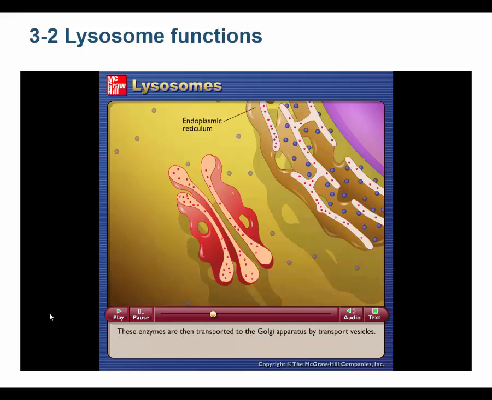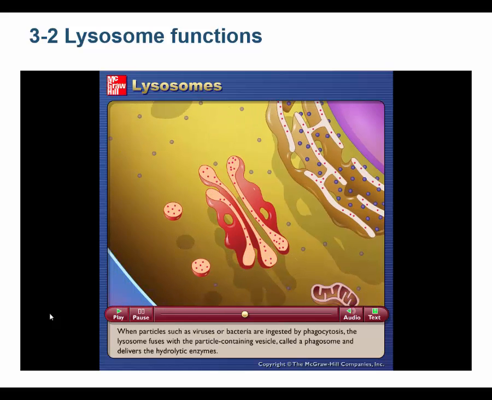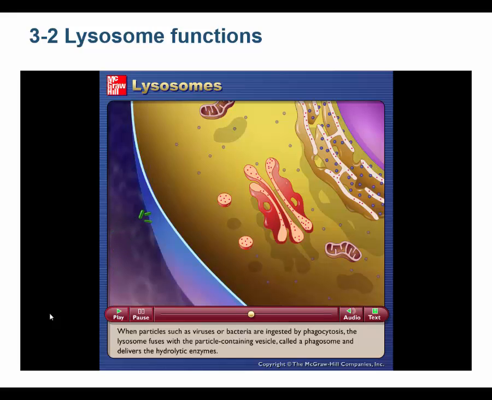These enzymes are then transported to the Golgi apparatus by transport vesicles. The lysosomes arise from the Golgi apparatus. When particles such as viruses or bacteria are ingested by phagocytosis, the lysosome fuses with the particle-containing vesicle, called a phagosome, and delivers the hydrolytic enzymes.